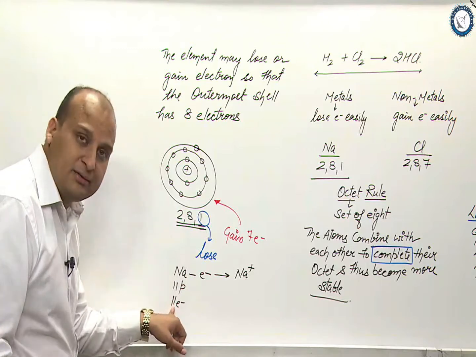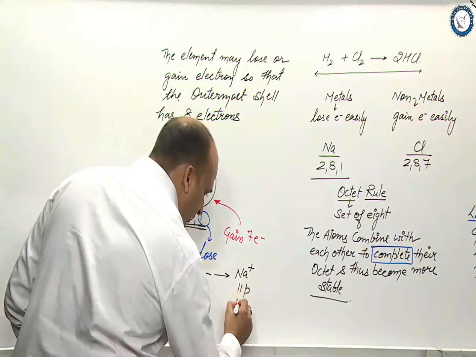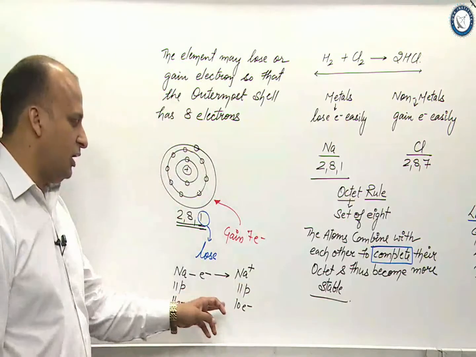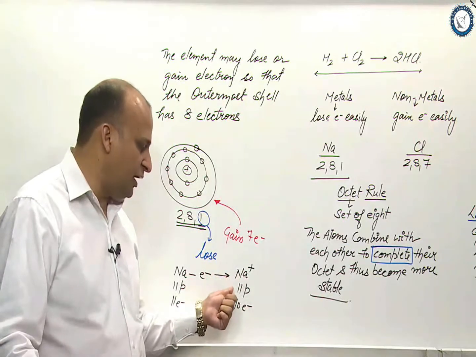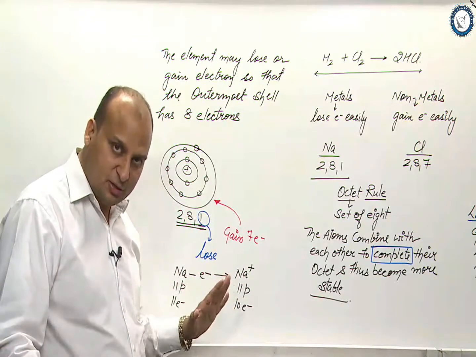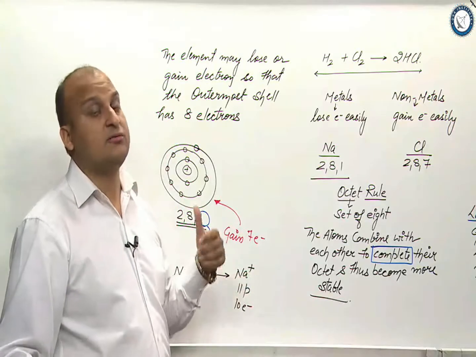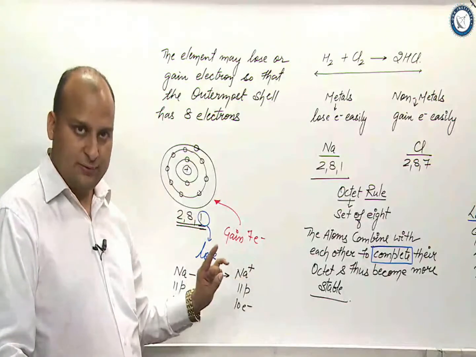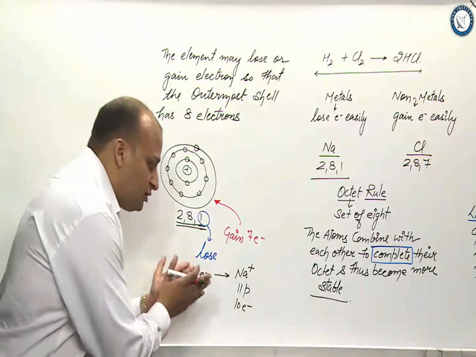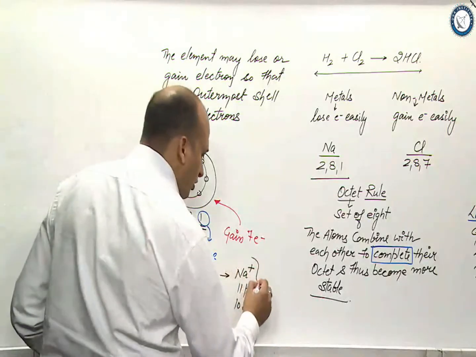Now sodium has lost one electron, so it has 11 protons and only 10 electrons. So tell me, do you have the positive and negative charge equal? You will say no, there is one proton which is extra. Because of that extra positive charge, we show it as plus. Okay. Now this is called loss of electron, and this reaction is referred to as oxidation.